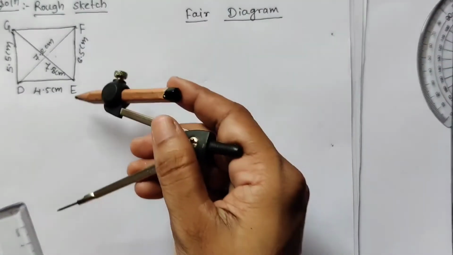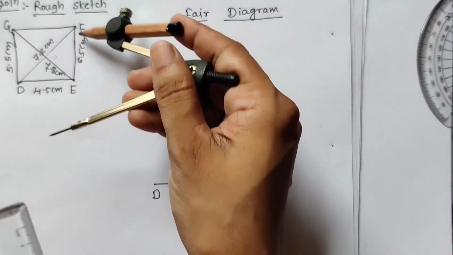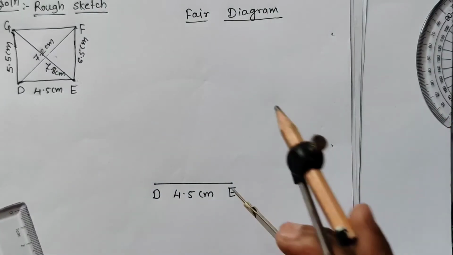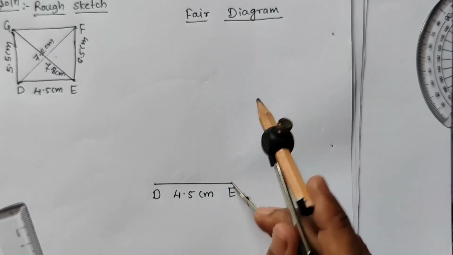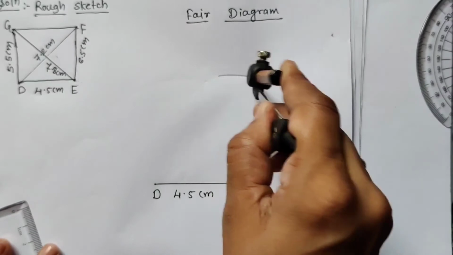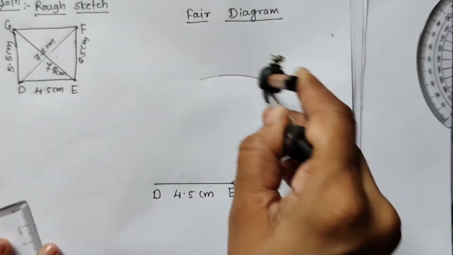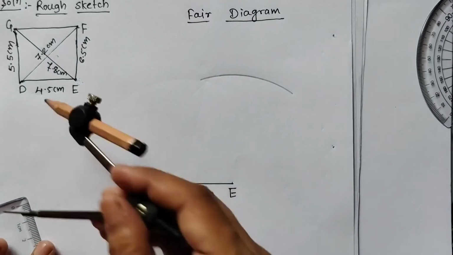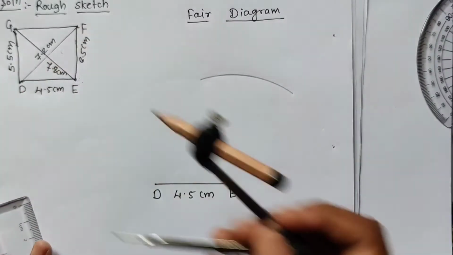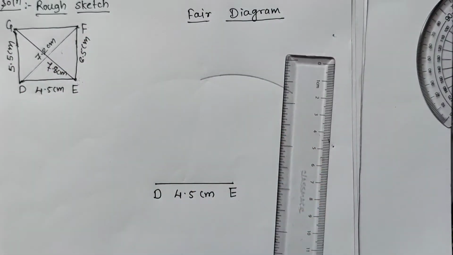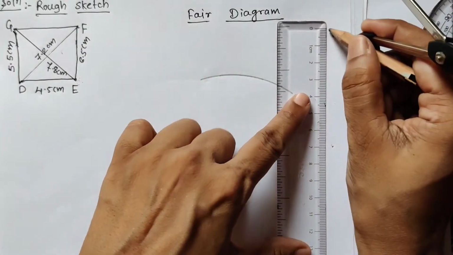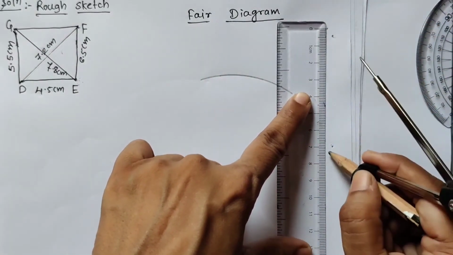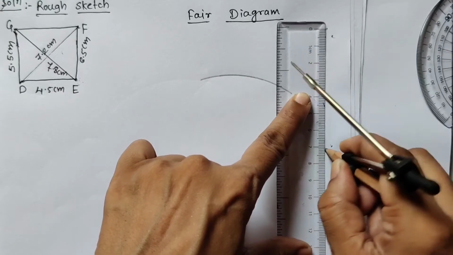From E, it is 6.5. So I put the pointer on E and I will draw an arc like this. Okay, then I have to take 7.2 centimeter distance in my compass. So I am going to take 7.2, 0 and then 7.2 here.